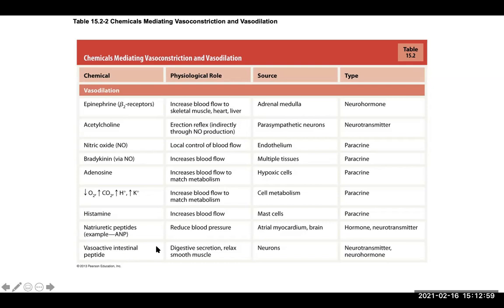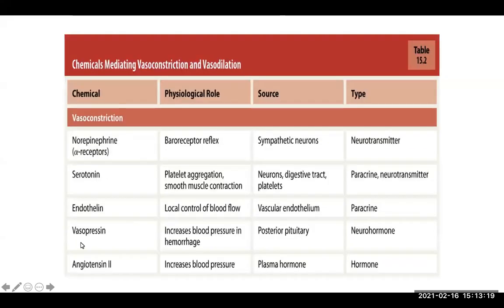So it works opposite of aldosterone, antagonistic, if you will. And then again, it targets the myocardium and then sometimes also the brain. And then we've already talked about the vasoactive intestinal peptides. So these are all the chemical mediators for vasodilation. These are all the chemical mediators for vasoconstriction. Make sure you guys know those.